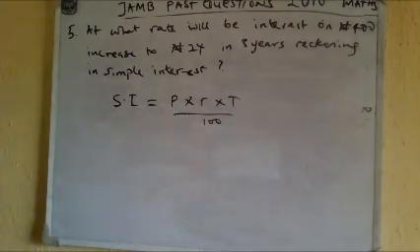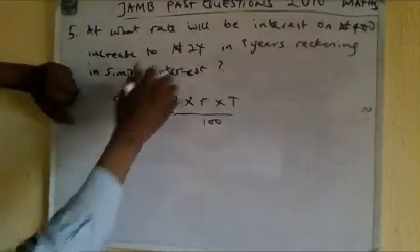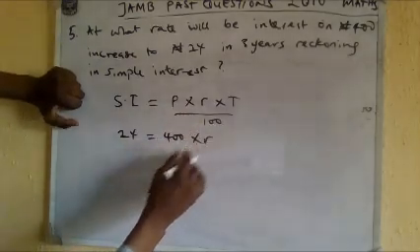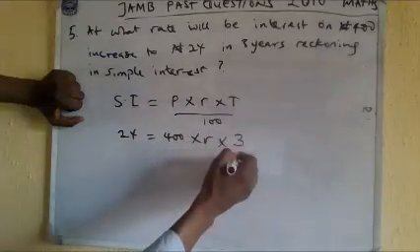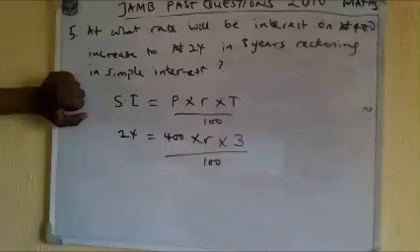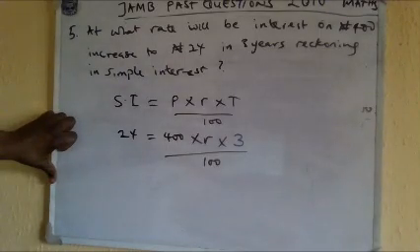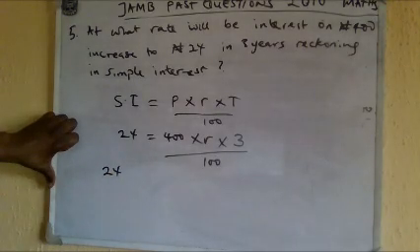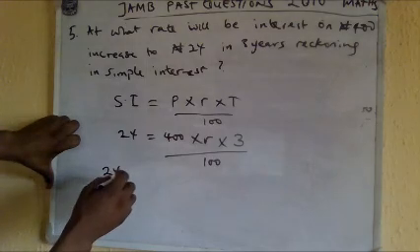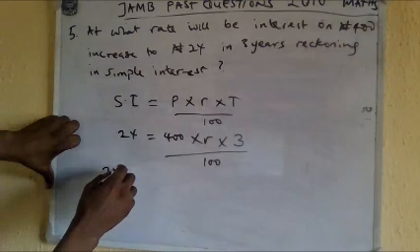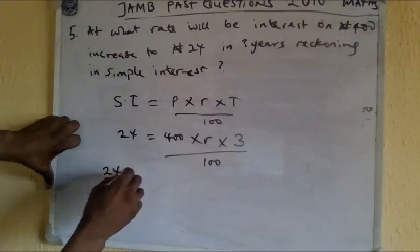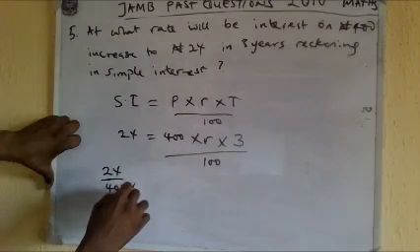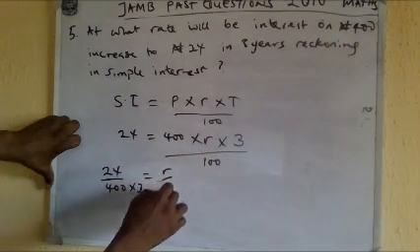So let's plug in the parameters. Simple interest, that's the SI, is 24, equals principal is 400, R is R, we're still looking for it, and T, time, is 3 years, over 100. So at this point, I can have 24 divided by 400 times 3 is equal to R over 100.